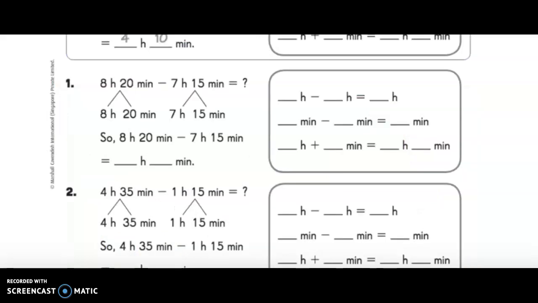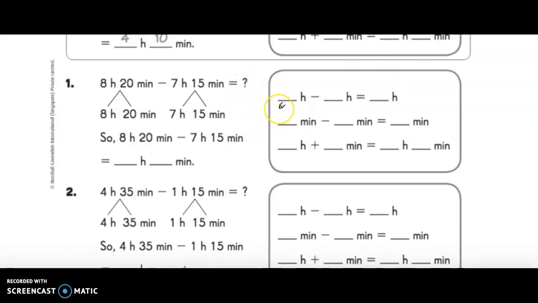So we're going to look at the workbook pages from yesterday first. Again, this is kind of switching to where they have the hours first, but we're always going to do our minutes first. So we're going to go through number 1 here.